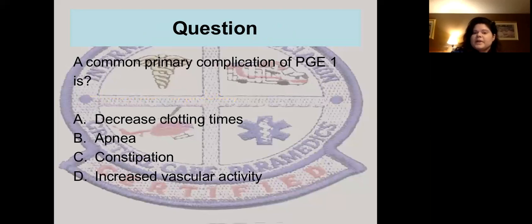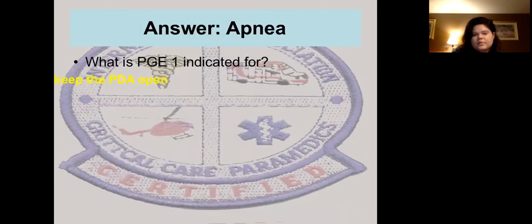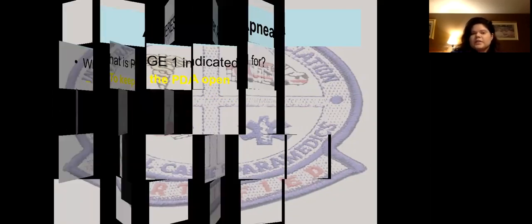A common primary complication of PGE1 is apnea. And then your PGE1 is indicated to keep the PDA open.